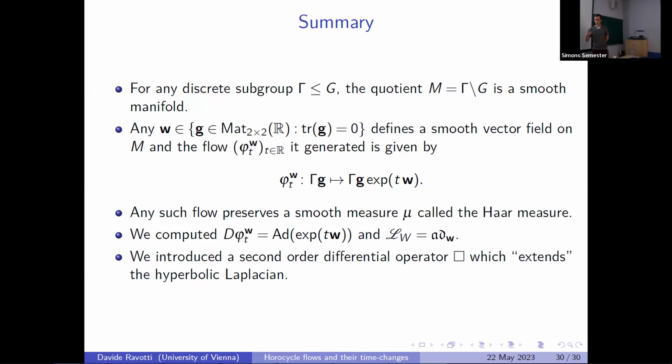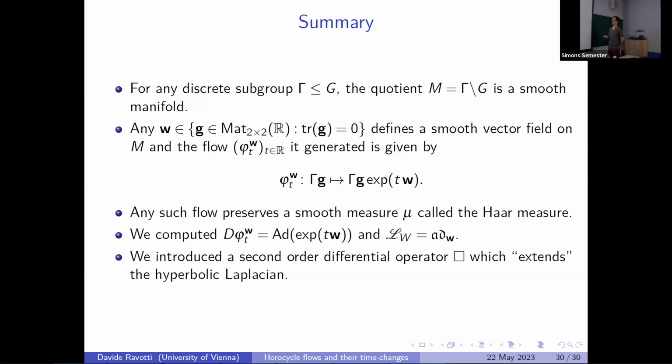We can integrate it, and this gives rise to a smooth flow on this space. Explicitly, this flow is given by multiplication on the right by the exponential of t times the initial matrix that we started with.